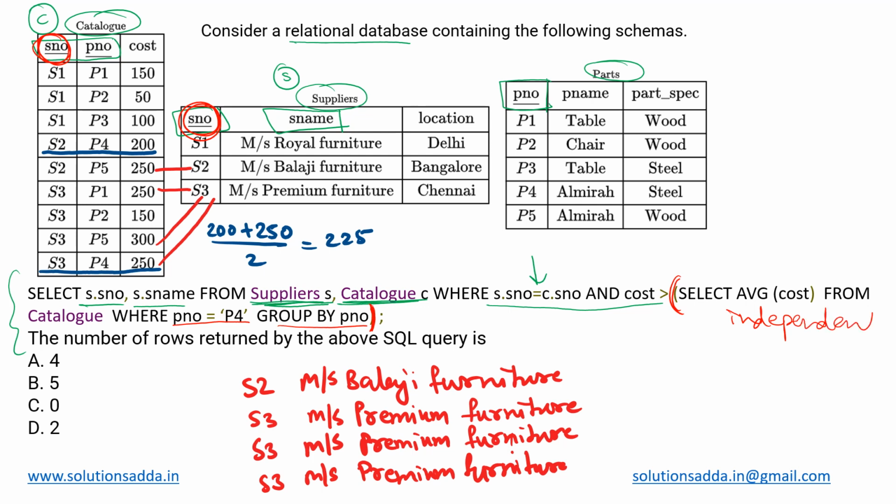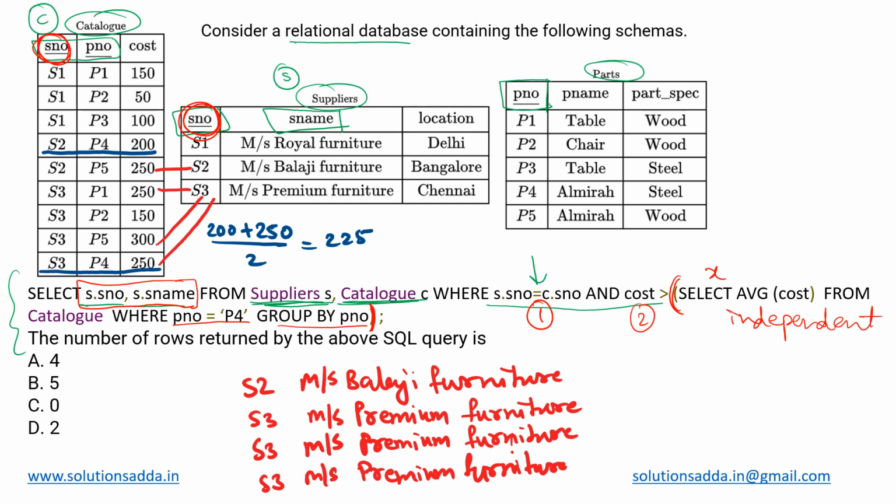So we can evaluate this subquery separately, and then whatever the result we are getting, let us say you get some result as X. So you will simply replace it with X, and then the two joining conditions would be, the first one, s.s number equal to c.s number, and the second condition will be cost greater than X. So then depending on these two join conditions, we will perform a join between these two tables, and then from that we will extract these two required attributes. So that is how we can proceed with this.